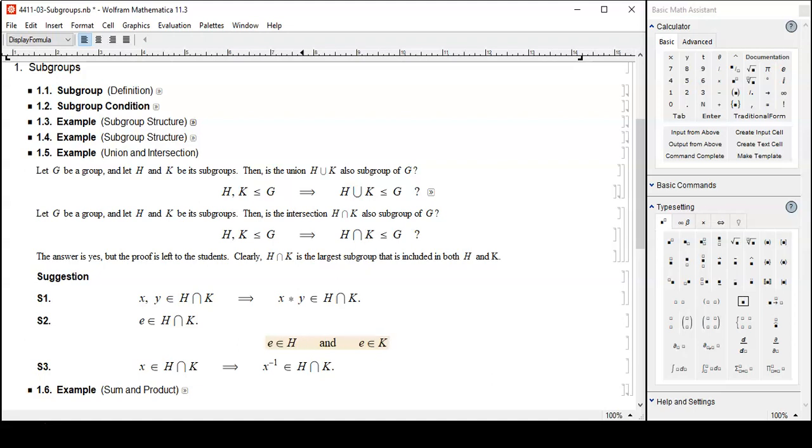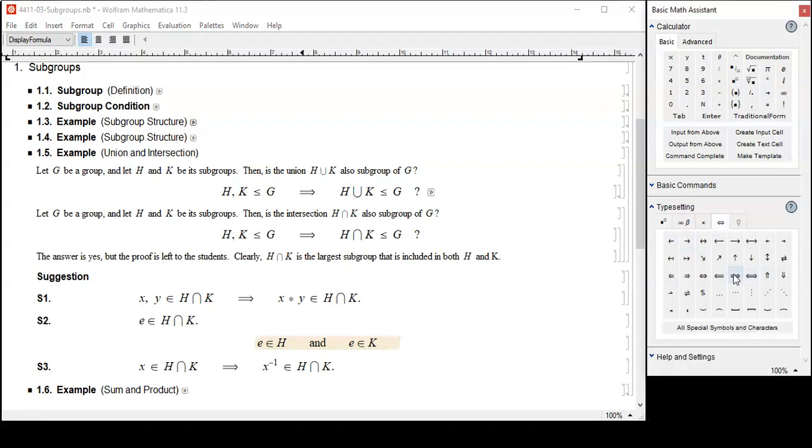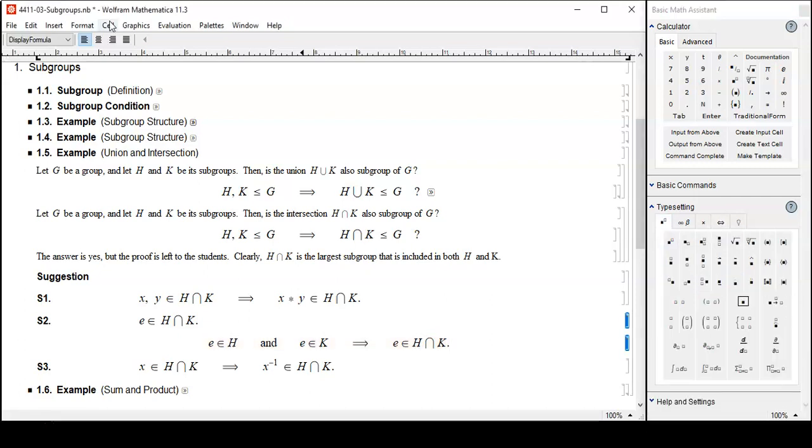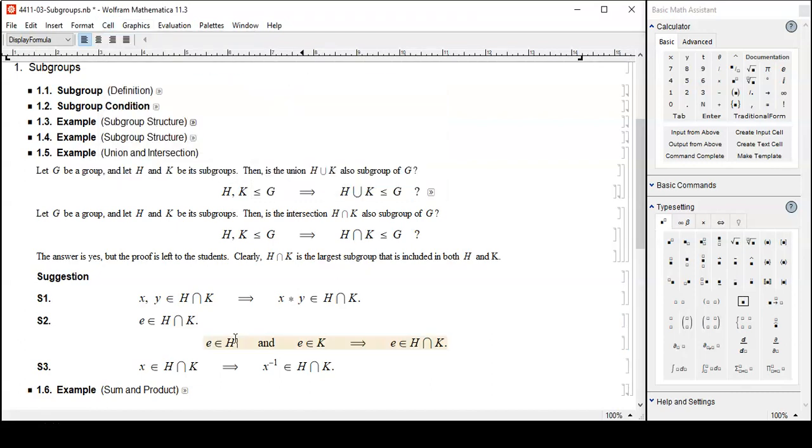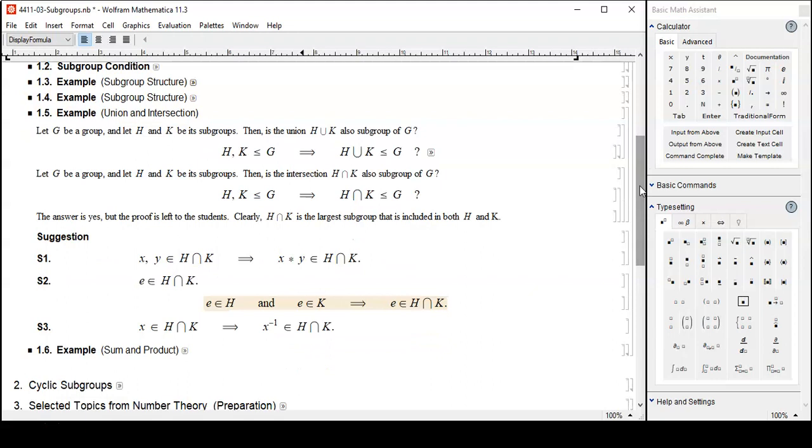Because they are subgroups, therefore it belongs to the intersection. You can write like this. The identity is in H and also in K, consequently in the intersection. Make sense?